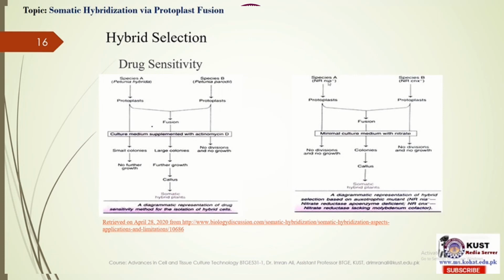Now coming towards the auxotrophic mutants. The auxotrophs are mutants that cannot grow on a minimal medium and therefore the auxotroph requires specific compounds to be added to the medium.